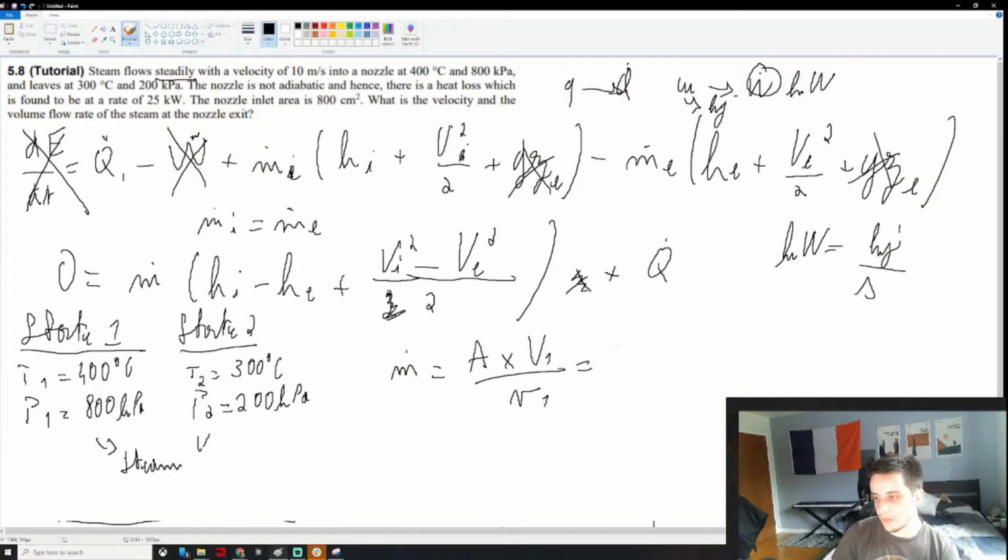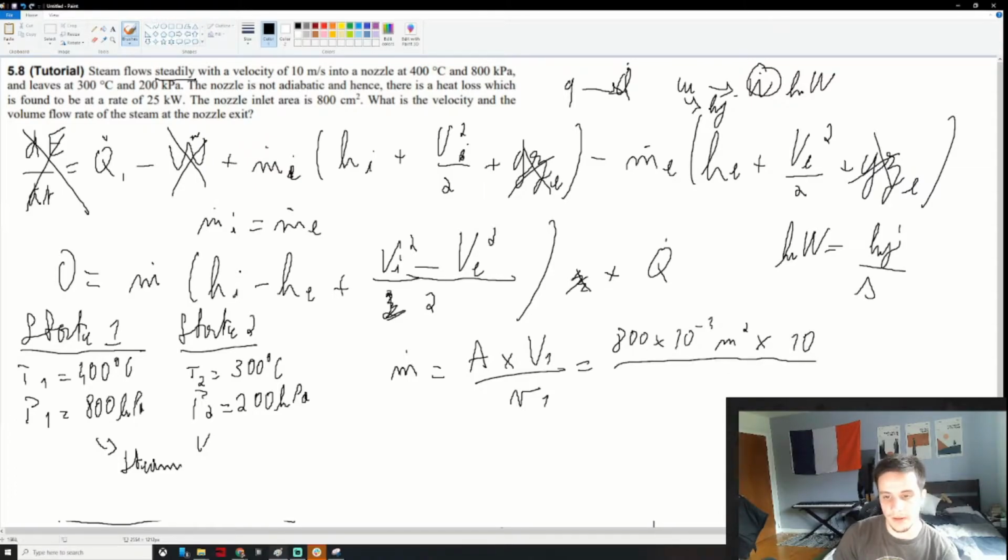So area, remember to convert that from centimeters squared to meters squared. So again, to convert centimeters to meters, you do 10 to the power minus 2. But since here we're squaring everything, it's 10 to the power minus 4. So 800 times 10 to the power minus 4 meters squared times the velocity, which is 10.